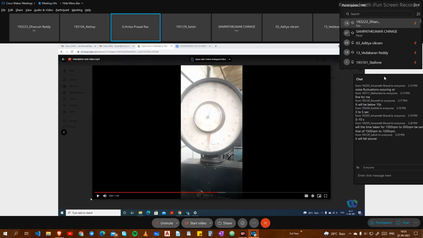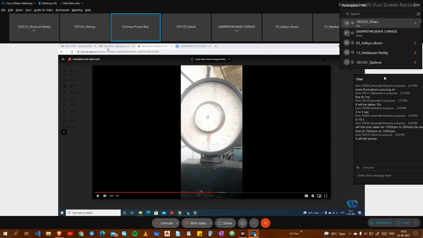Likewise it happened, because initially there is some fuel left over that may be contributing to the engine retardation, but immediately from 12 to 11 to 1000, you will see the very sharp fall. The time taken is very small.